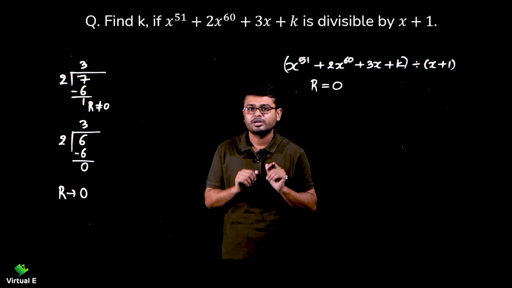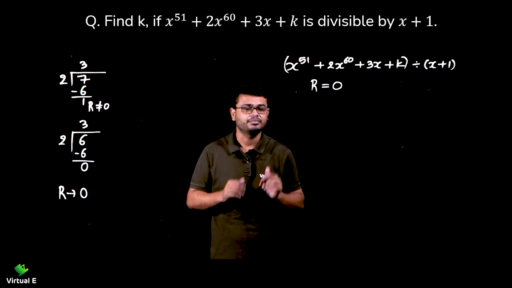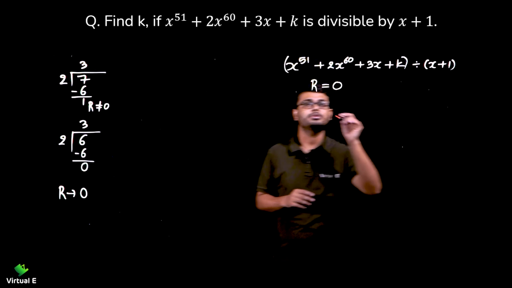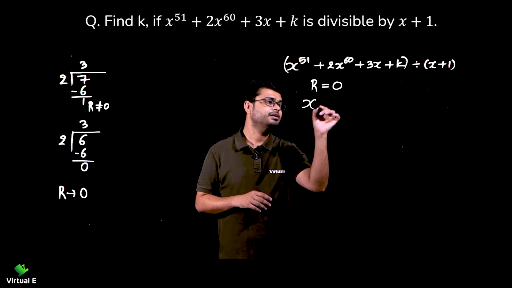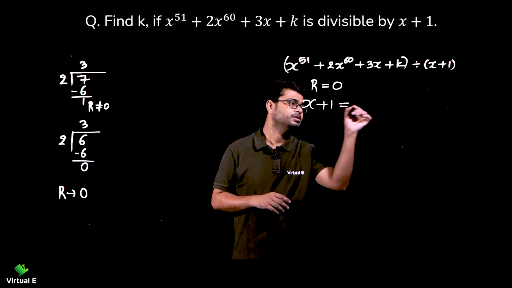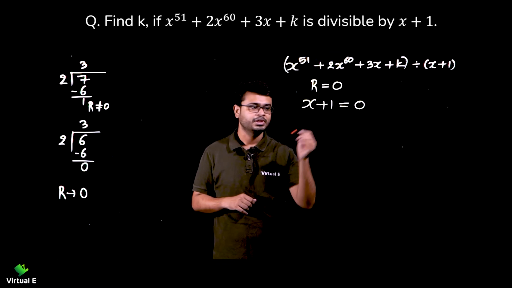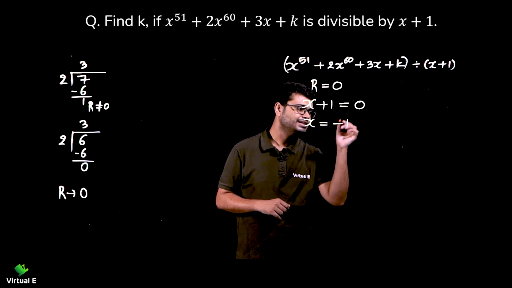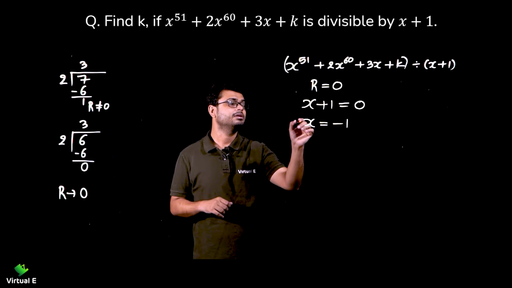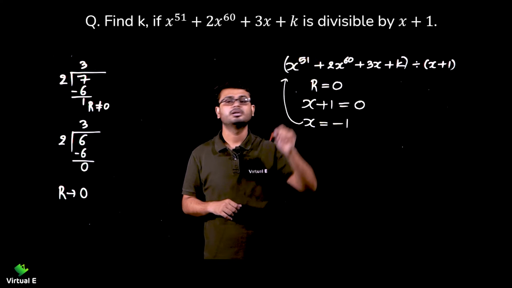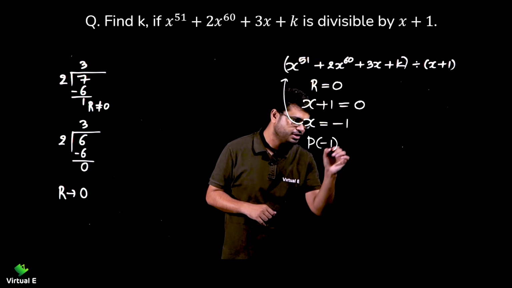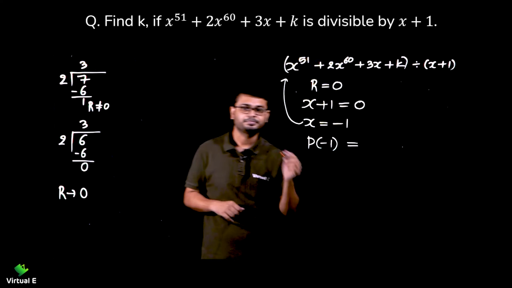Now this is how we come to know that we are going to use the remainder theorem. So let's start. For that we take the divisor and equate it to 0. So x plus 1 is equal to 0. The value of x will be, if we shift over that side, minus 1. Now let's substitute this value into the polynomial. So we can write p of minus 1 is equal to, what can I write?